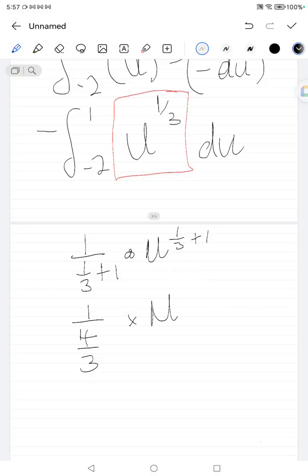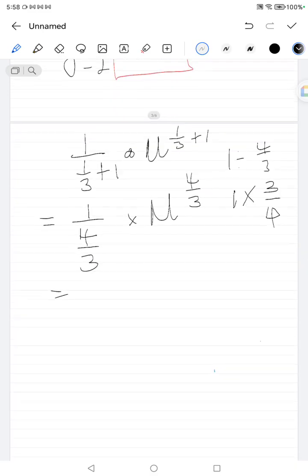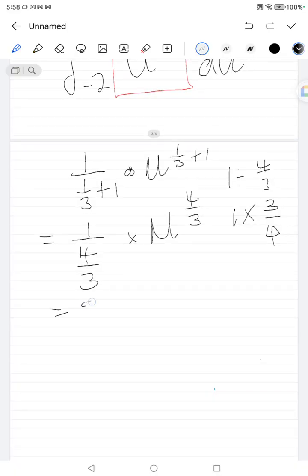Then mathematically, if you have 1 divided by 4 over 3, you can write this as 1 multiplied by 3 over 4, which is this part to the side. Then you have 3 over 4 multiplied by u to the exponent 4 over 3.